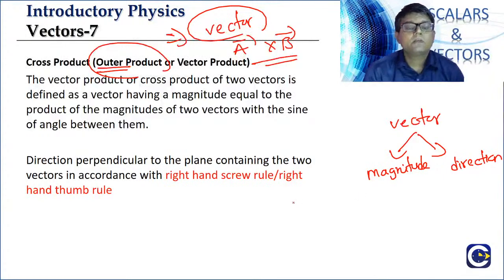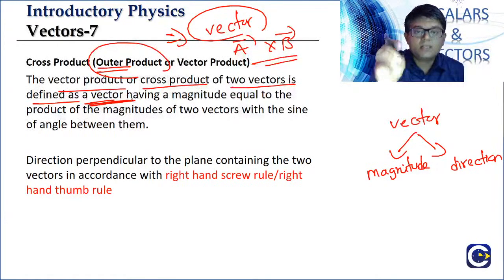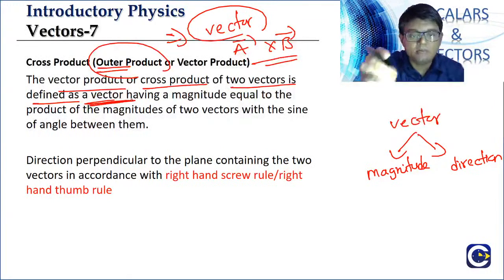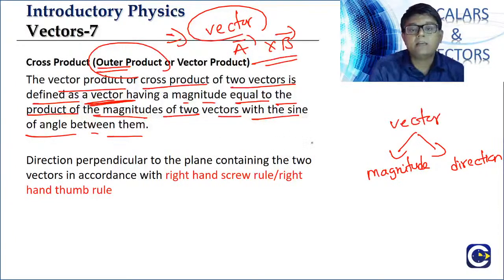So here look at the definition. The vector product or cross product of two vectors is defined as a vector. So the result of this cross product will be a vector having magnitude equal to the product of magnitudes of the two vectors with the sine of the angle between them.